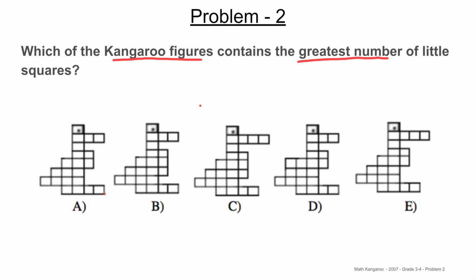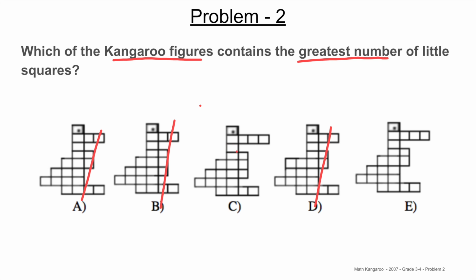Now, let's start at the top, the head. At first glance, all the heads look the same. We move on to the next body part, the mouth. Option A, option B, and option D have fewer blocks there. We can already eliminate option A, option B, and option D. Now move on to the neck.